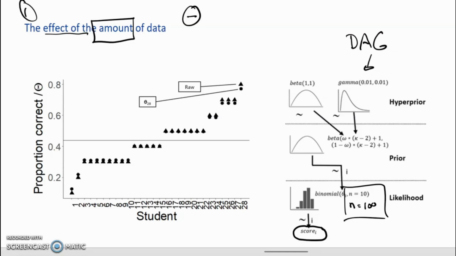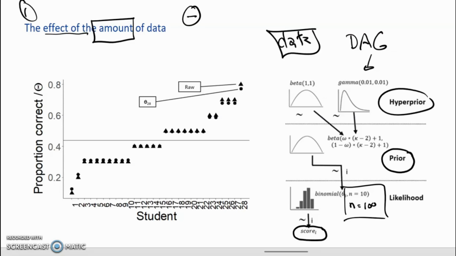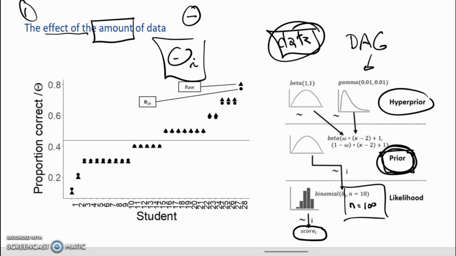Why? Well, if we think about the prior, it is going to be a balance of the data for all of the students and the hyperprior. And so because the data for all the students goes into the prior, that's why we have pooling. In terms of shrinkage, when we have the estimate of theta for any one student, that's going to be a balance between the prior, which is determined by the data for all the students, and the raw data for student number i.